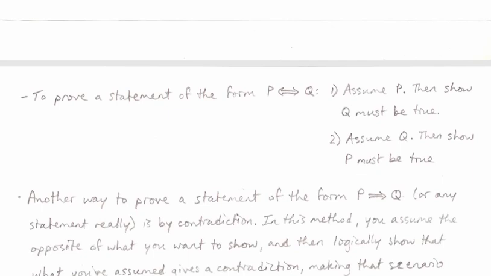What you do using proof by contradiction is you assume your hypotheses. So you would assume P. You're also going to assume the opposite of what you want to show. You're going to assume not Q. You're going to take those two things that you have just assumed, P and not Q, combine those assumptions with known definitions, theorems, and just known mathematical facts, and you want to arrive at a contradiction.